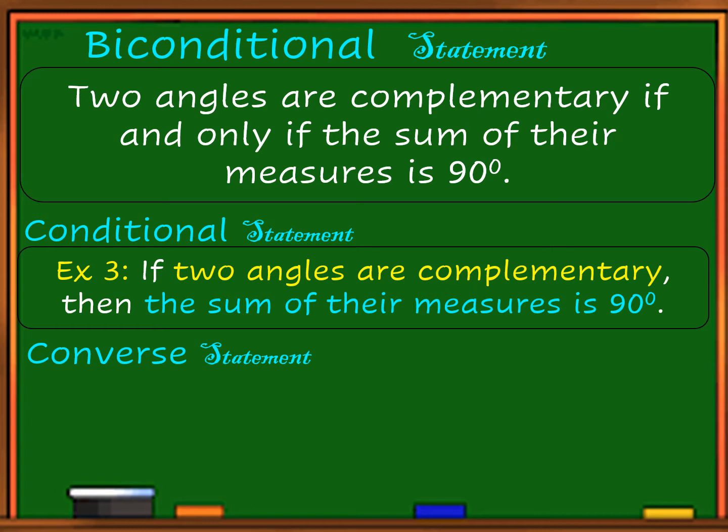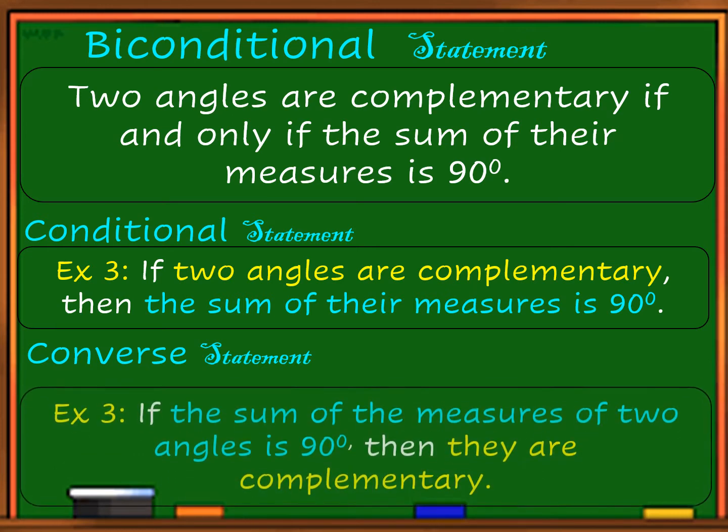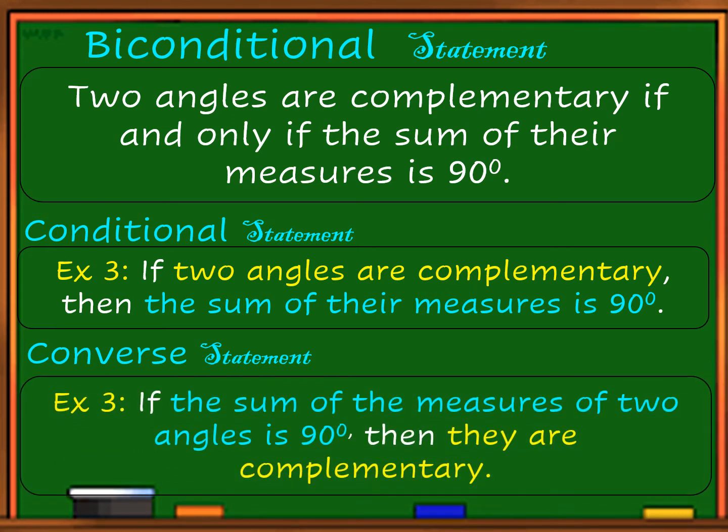How about its converse? The converse statement can be written as, if the sum of the measures of the two angles is 90 degrees, then they are complementary. Is this clear now? Very good.